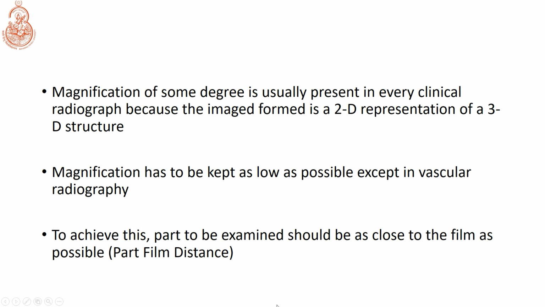But the principle is that we have to keep the magnification as low as possible so that we will not misdiagnose with the image that we are going to see. To achieve this, the part to be examined should be kept as close as possible to the film, and this is called the part film distance.